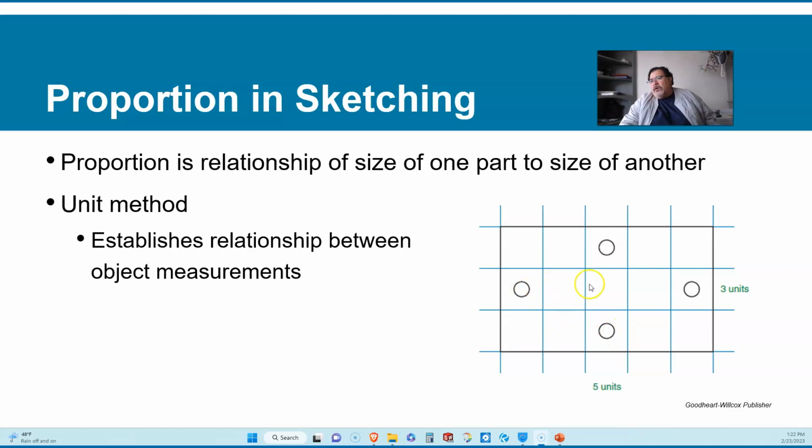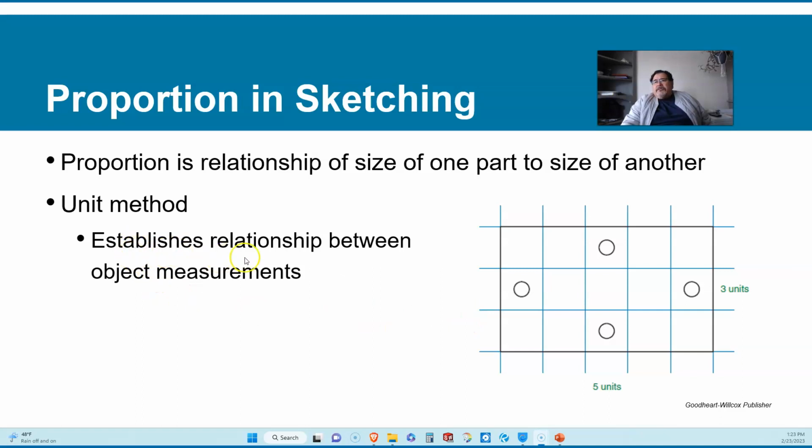This one is 1, 2, 3, 4 centers, square centers separated from each other, or 4 spaces. So 1, 2 separation versus 1, 2, 3, 4 separation in the other direction. So the size relationship, you see that they're all the same, but the proportion is of how they're separated between each other. You also want to try to get that right as well.